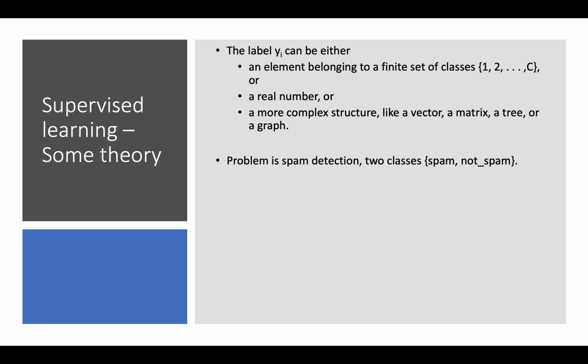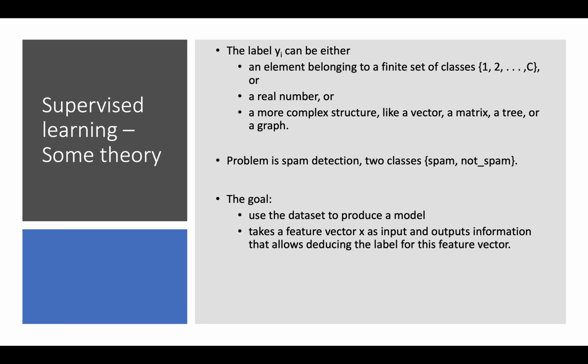If I want to give you an example, we are thinking about our email messages, and the problem is spam detection. Then we have two classes, spam and non-spam. And the goal of a supervised learning algorithm here is to use a data set to produce a model that takes a feature vector x as the input and outputs information that allows us realizing the label for this feature vector.